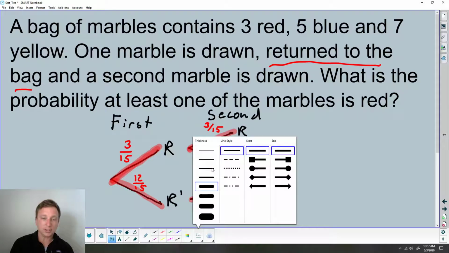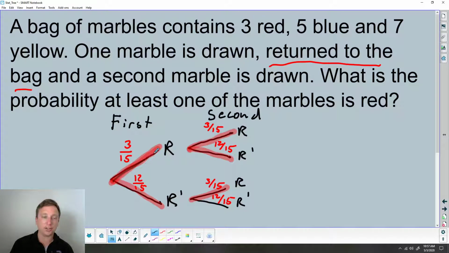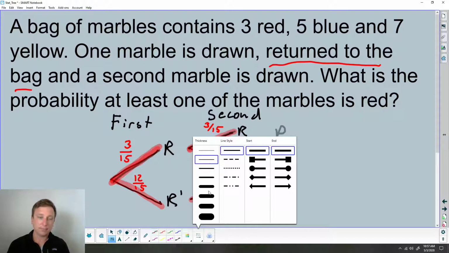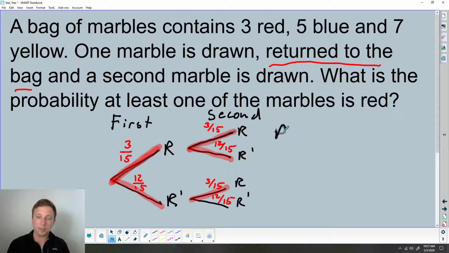So starting out, if we go with red first, red second, that would be the probability of red, red, which is 3/15 times 3/15. Or, when we say or, we add, probability of red first and then not red.